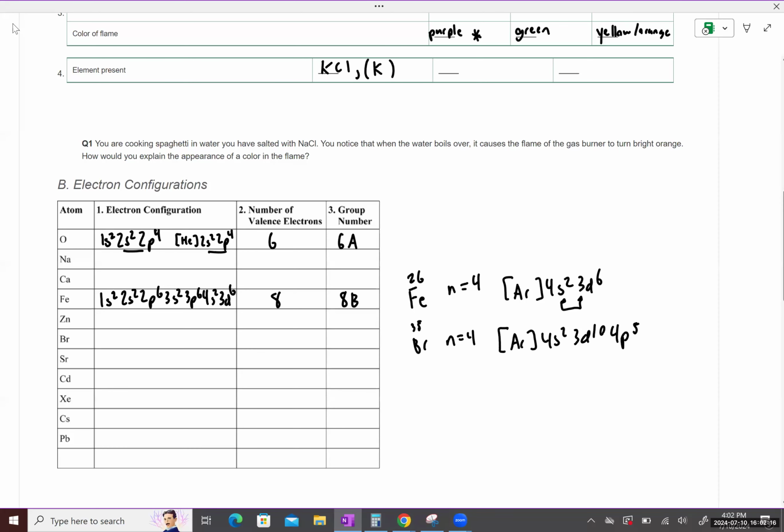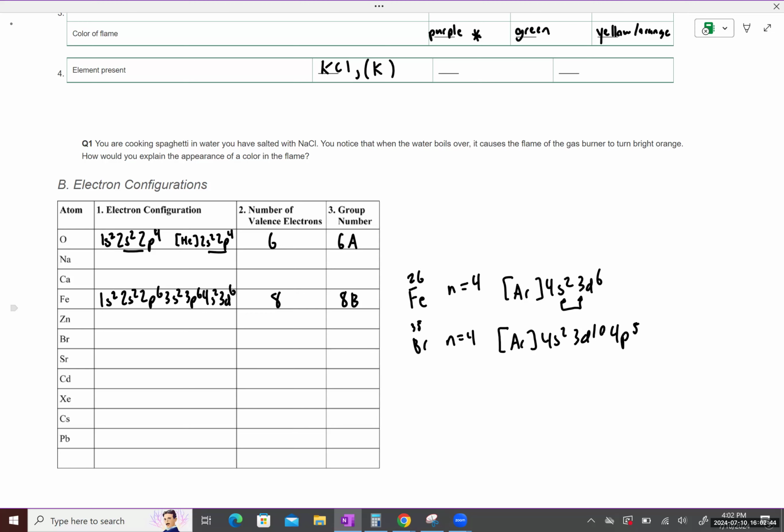Because bromine is a main group element, these outermost 4s and 4p electrons are much easier to lose during ionization, and those orbitals are much more available and accessible for bonding.